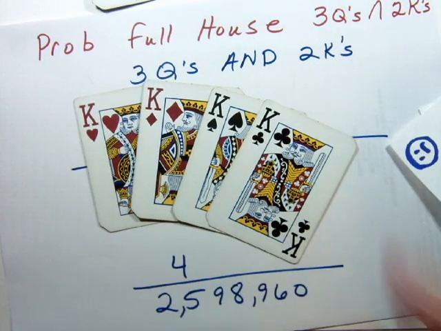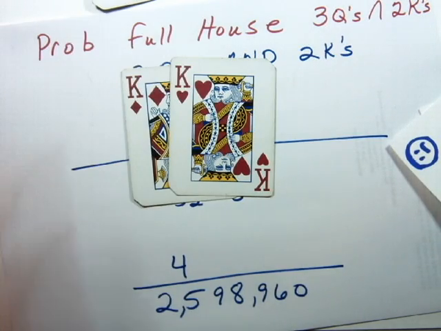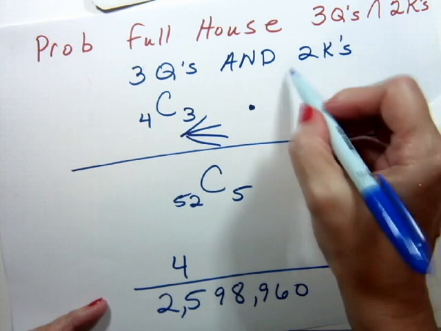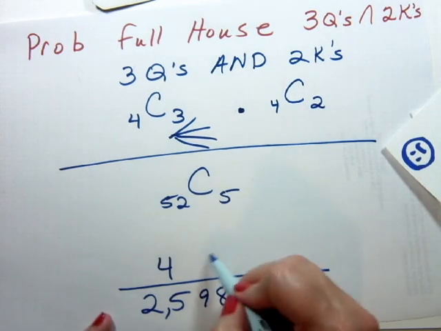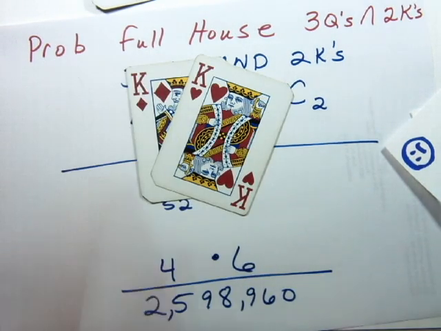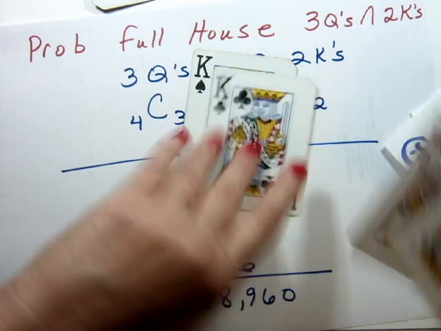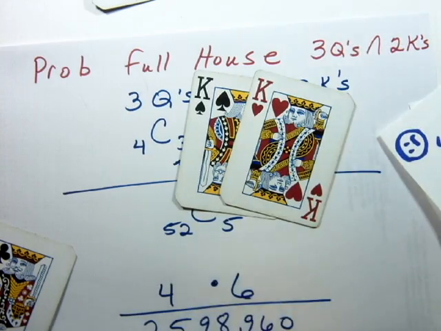I don't care the order. If you get the king of hearts, king of diamonds, that's the same as king of diamonds, king of hearts. So I'm going to say, out of 4 kings, how many ways can I give you 2 of them? And when you do that on your calculator, you're going to get 6. There's one way. There's another way. There's another way. There's another way. And if you do it, you're going to see the 6 ways.